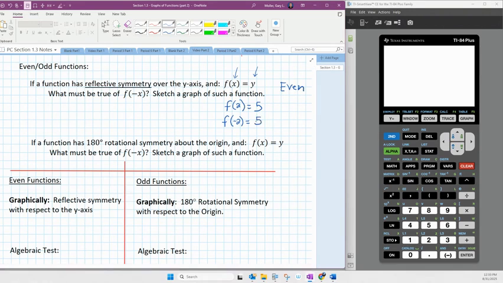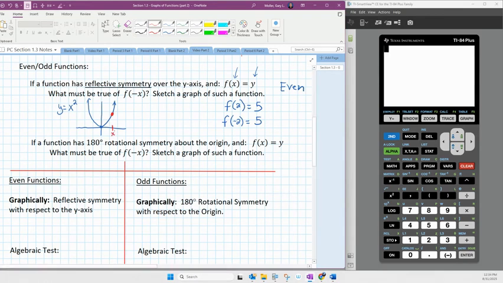And if we sketch a graph of such a function, one example would be something like a parabola. So if I look at the parent function of a parabola, we know it looks like this. It is reflective over the y-axis, meaning when I plug in some x value over here, I'm going to get this y value.